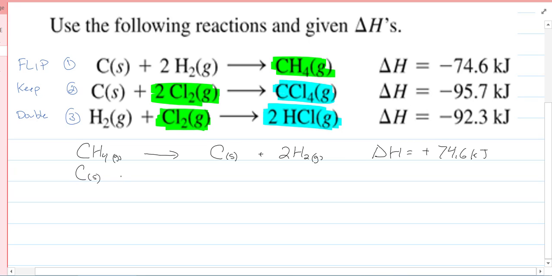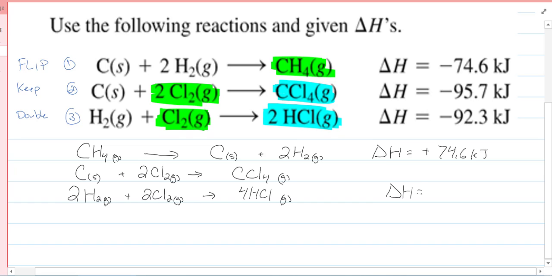Carbon solid plus 2Cl2 gas, giving me CCl4 gas. And equation number 3, I'm doubling it. 2H2 gas plus 2Cl2 gas going to 4HCl gas.